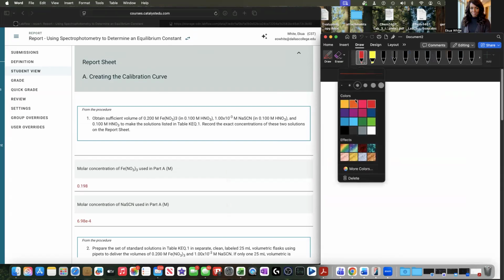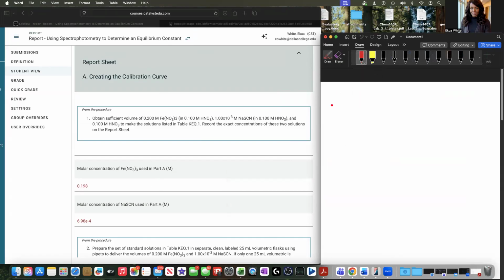So the main reaction we're having in this experiment is between iron 3 plus and thiocyanate. Now, this is, of course, aqueous solution, and the thiocyanate, SCN minus, is aqueous solution. And when these react, they form a complex.